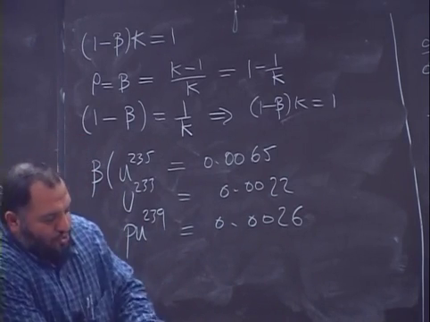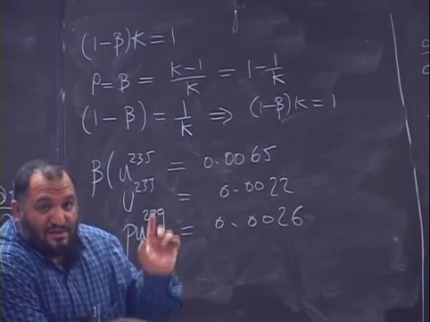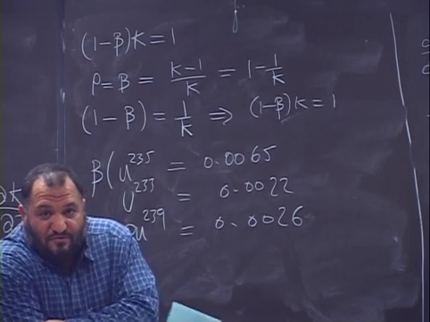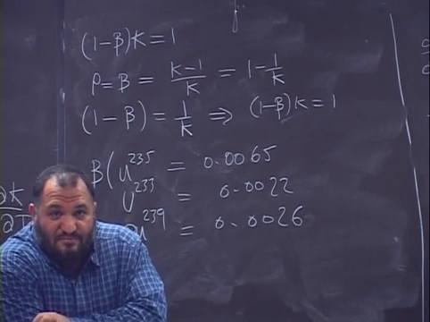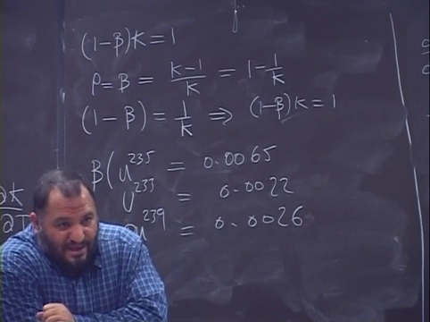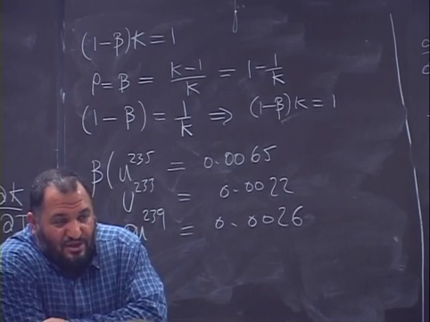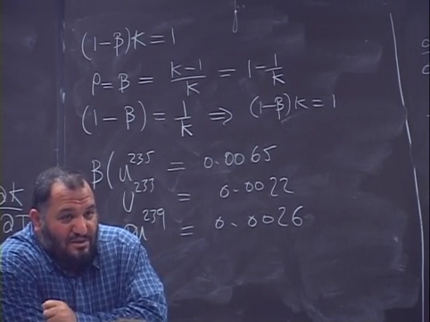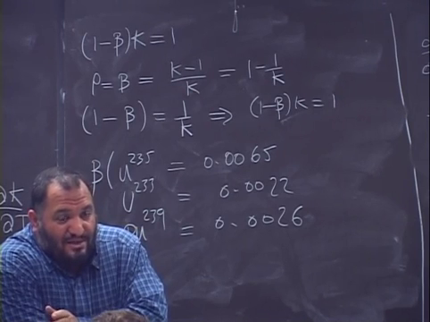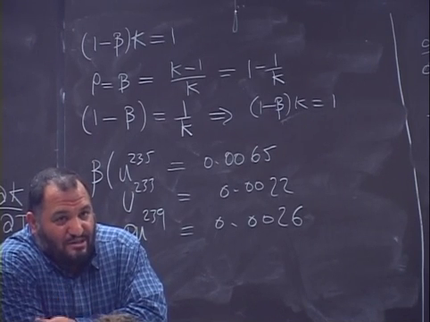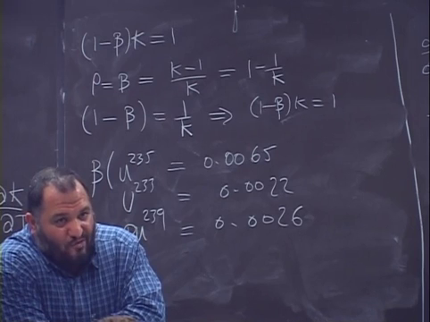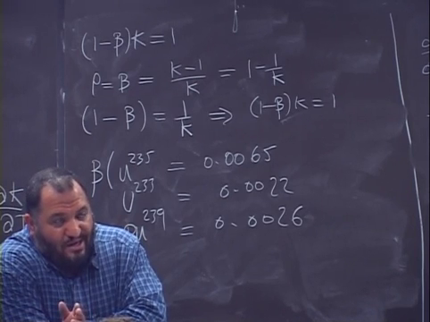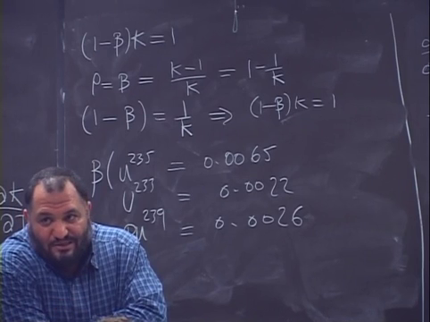Which one is more favorable for you guys of those three types of fuel? Why? Less likely to be prompt critical. Yes? So if you made a mistake and you take off your control rods, you introduce reactivity, you most probably will hit the lower value of beta, and highly unlikely you will hit the higher value.